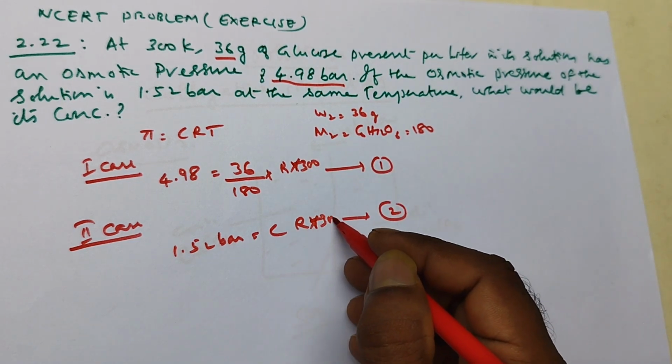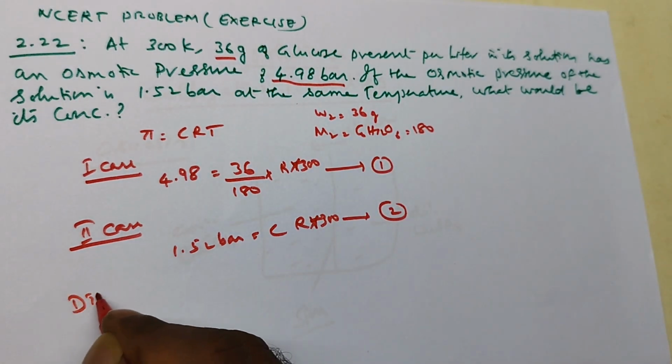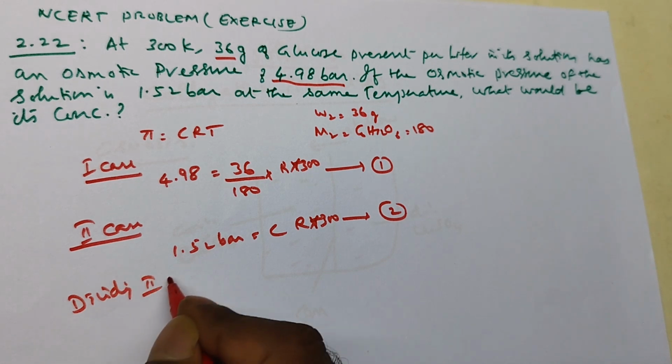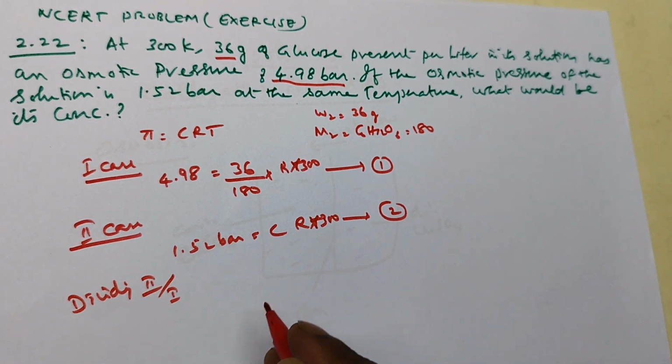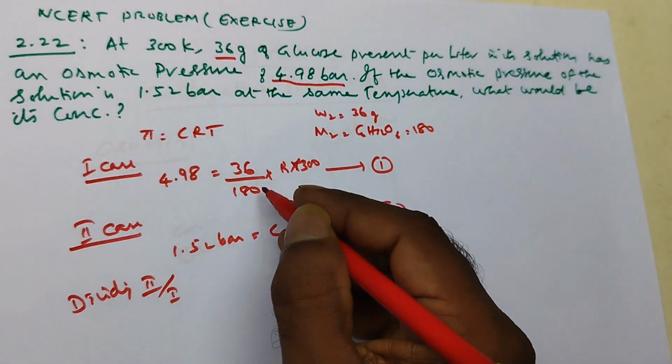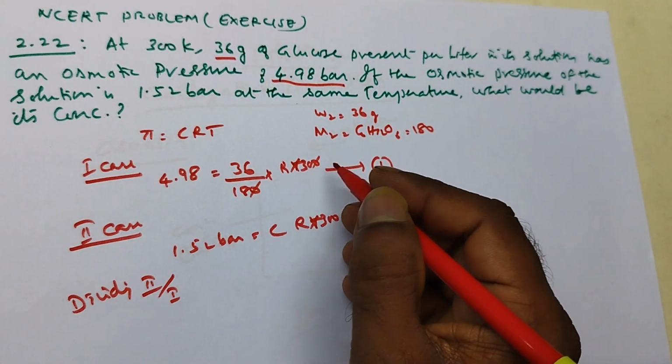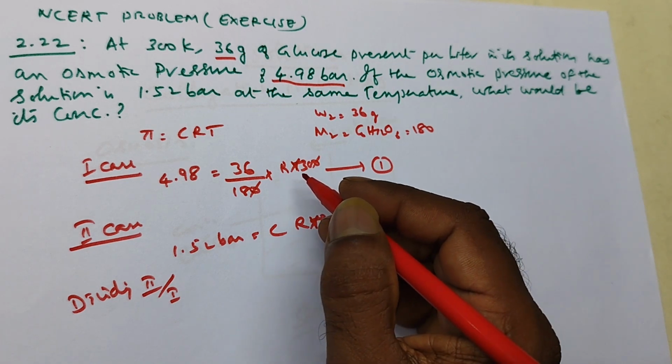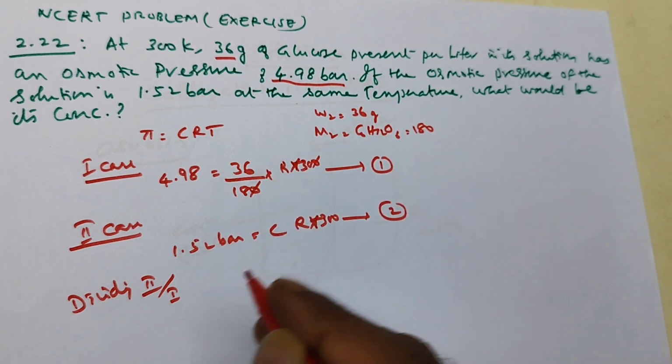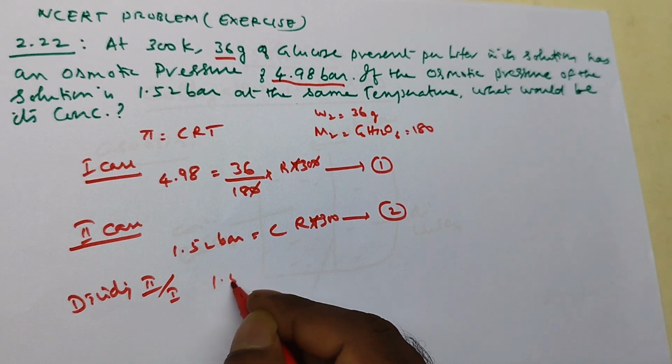So dividing 2 by 1, what will be the answer? In this case you have to simplify it. 10 and 10 cancel. Then you have to use that one. That is 1.52 bar.